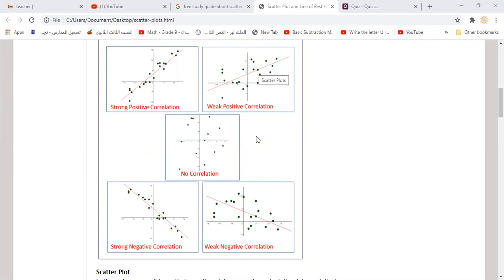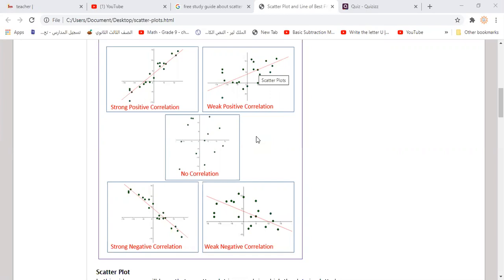A strong negative correlation. Kinsey, could you please explain to me the two examples down here? What are the two examples down related to? A negative correlation. Yes. The strong one has a line that the points should follow, and the weak negative. Does the data move upward or downward?